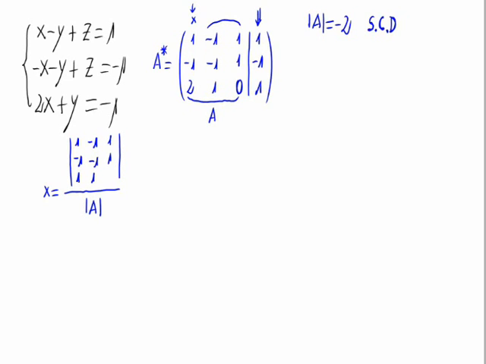Now let's write the second column, minus 1, minus 1, 1, and the third column would be 1, 1, 0. And the denominator, I forgot to tell you, is the matrix A, the determinant, of course.